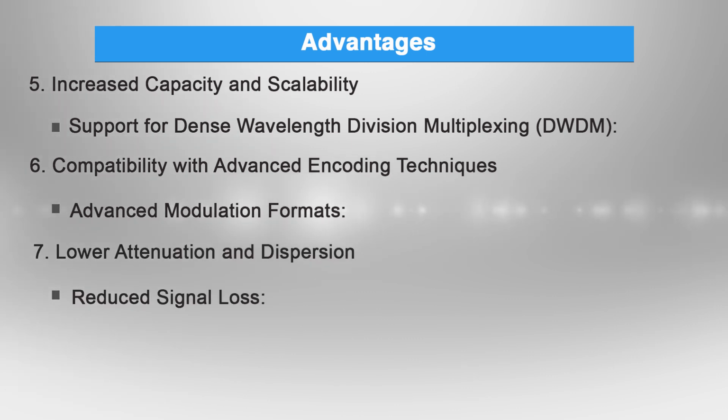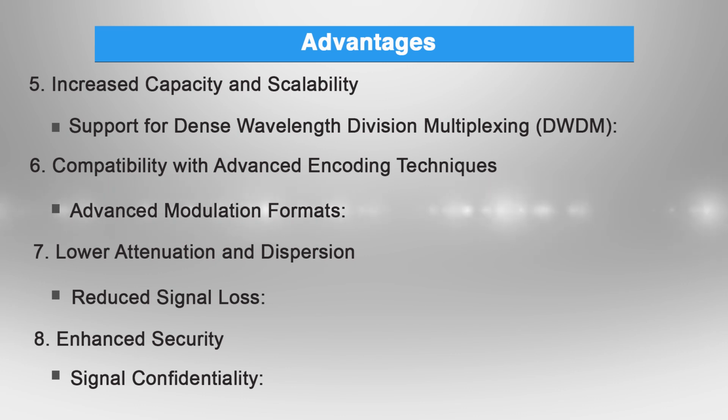Next advantage is lower attenuation and dispersion, which means reduced signal loss. Optical fibers and modulation techniques together minimize the effect of attenuation and dispersion, which are common challenges in communication systems. This leads to more reliable transmission. Next is enhanced security, which means signal confidentiality.